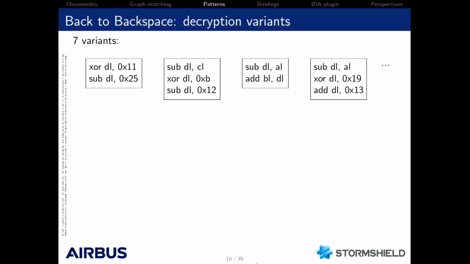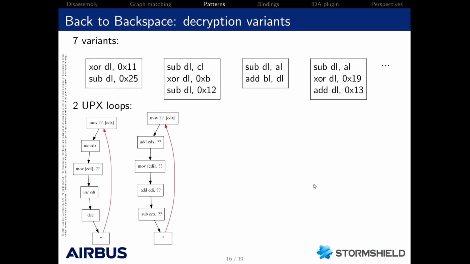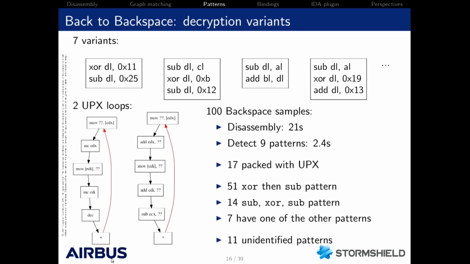So what we saw is that we found 7 variants of Backspace. There was the first one with XOR 11 and sub 25, another one that we saw, then 5 other patterns. We also found out that some binaries are packed with UPX, and we wrote a quick signature for these files. We matched them. On our 100 Backspace samples, it took around 20 seconds to disassemble them.